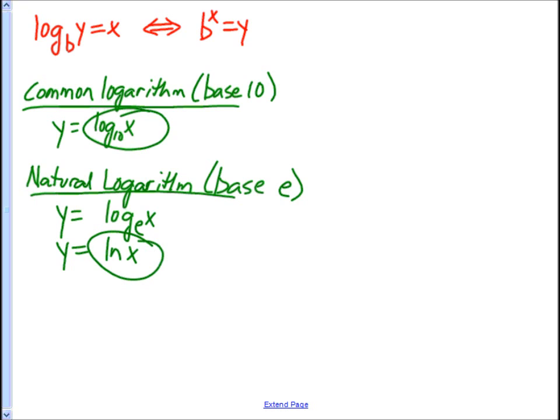So log base e of x and the ln of x are the exact same thing. You can have any base as long as the base b is positive and not equal to 1, but these are very common ones. The common logarithm is base 10, and if you have base e, it's the ln of x. And then you have that property.